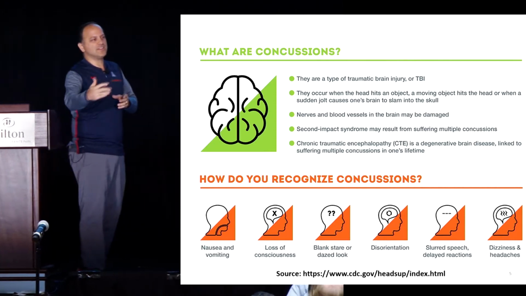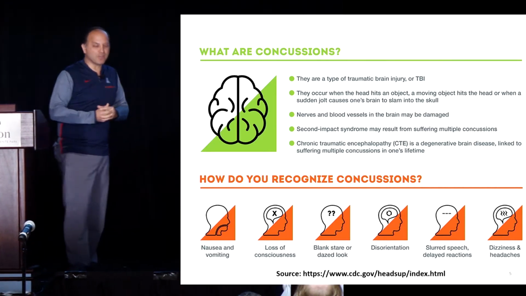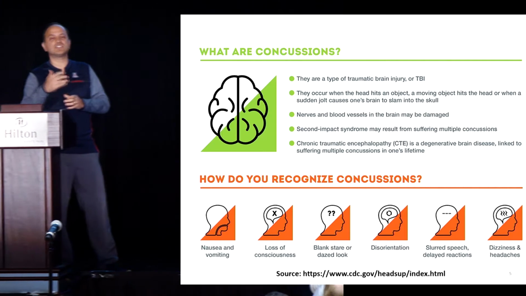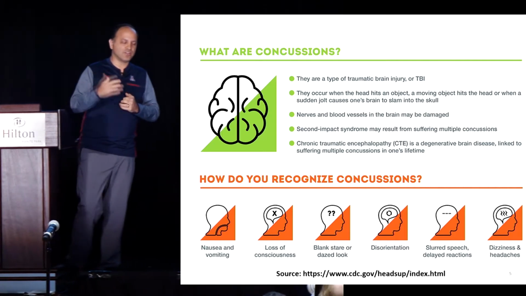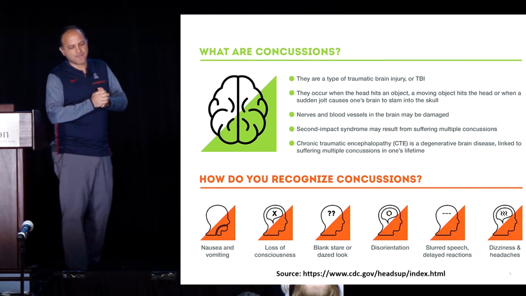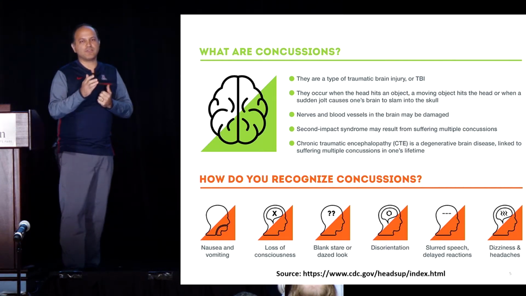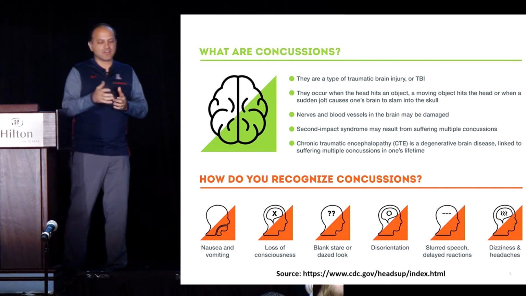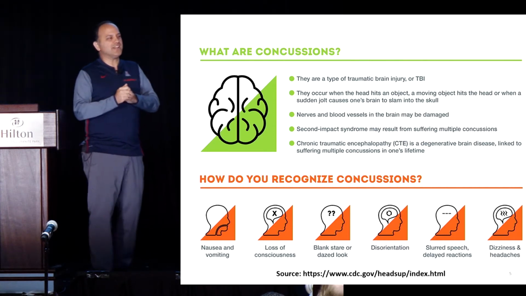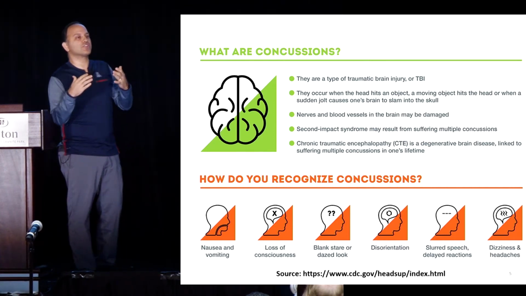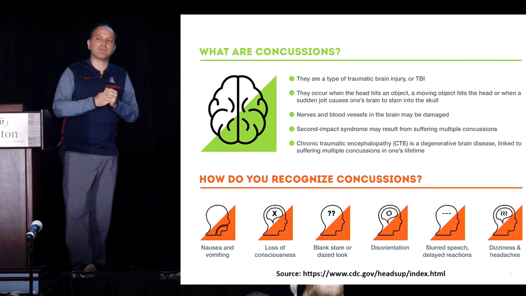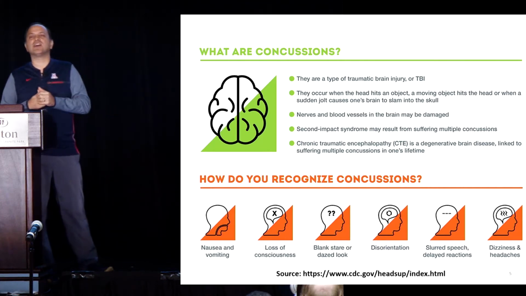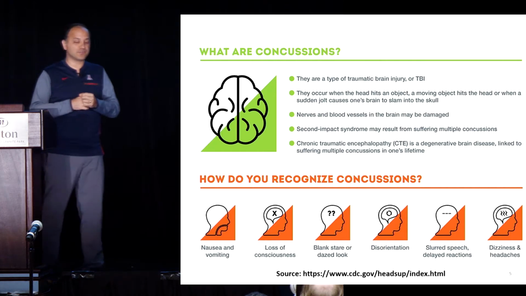Okay, so this is the case for why this is a public health problem, because it doesn't just happen in football. So I'll show you a little bit of data about other sports. If you heard of the movie Concussion with Will Smith, they talk about chronic traumatic encephalopathy. And this is the more long-term permanent brain damage that's been documented in the National Football League.